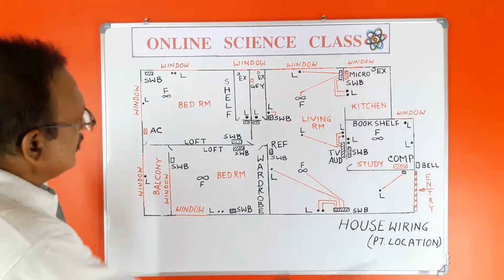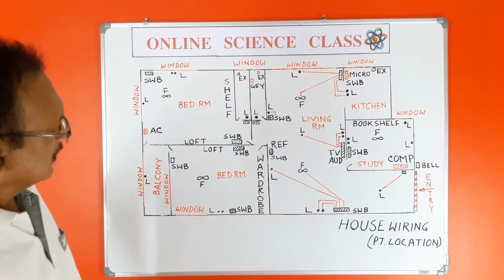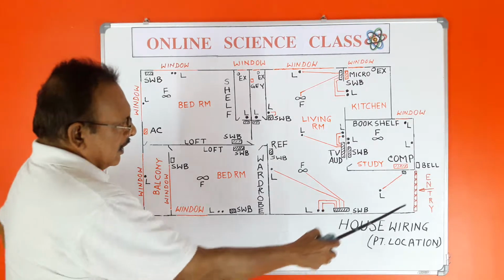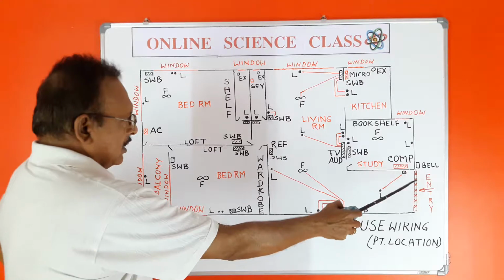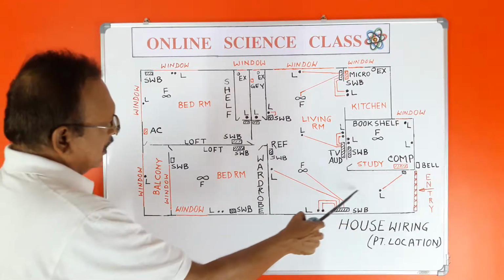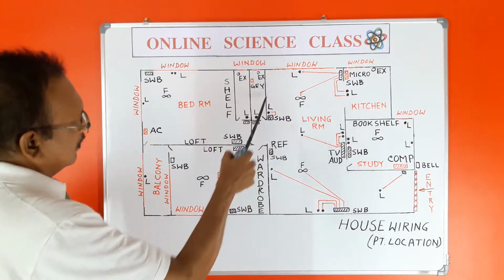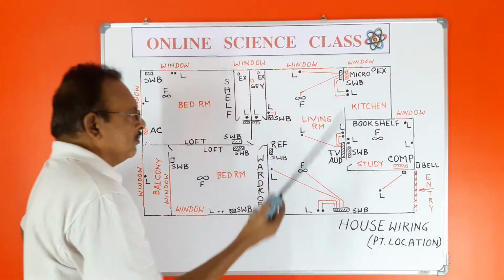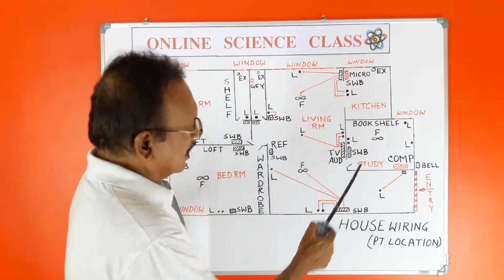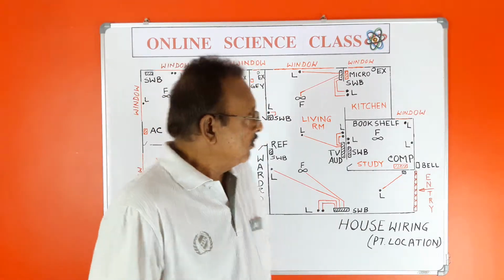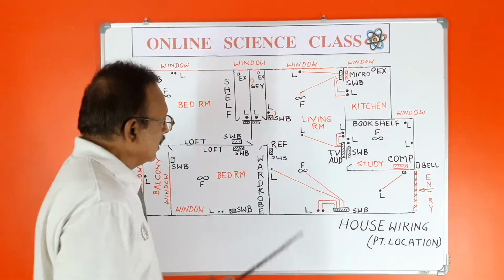You see this. It's a layout. Here is the entry point. After opening this gate, you enter this living room, the living room or drawing room. Here is one small room. You can call it a study room or guest room. Then it is the kitchen.